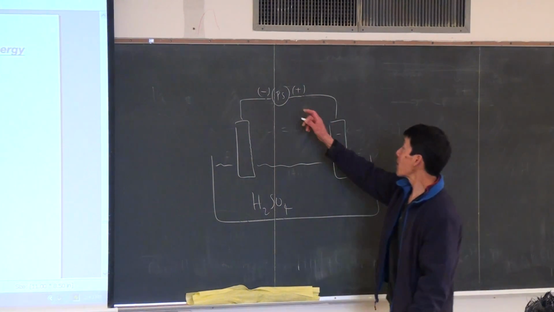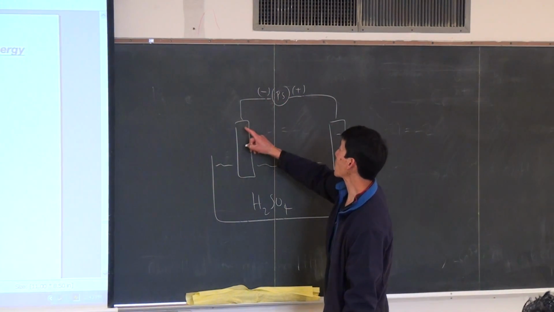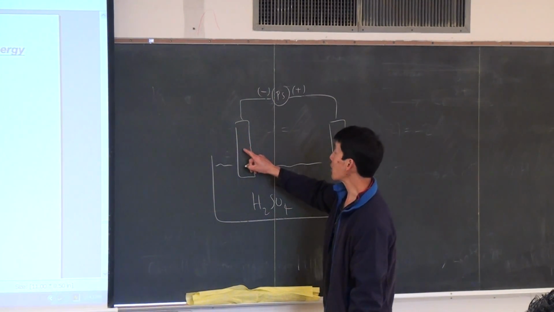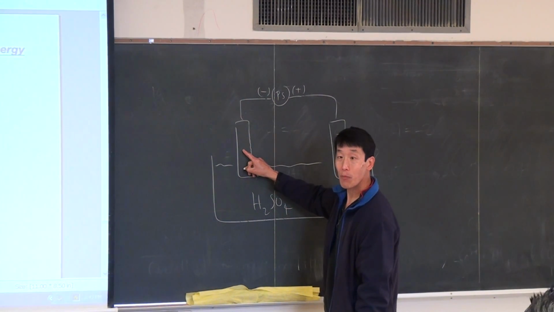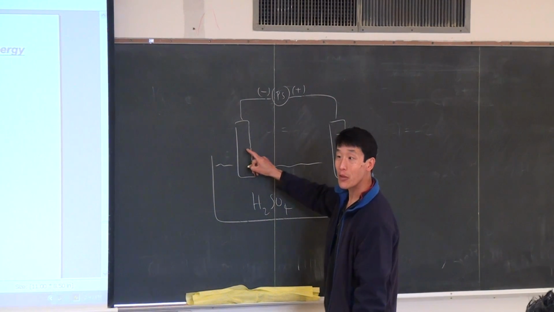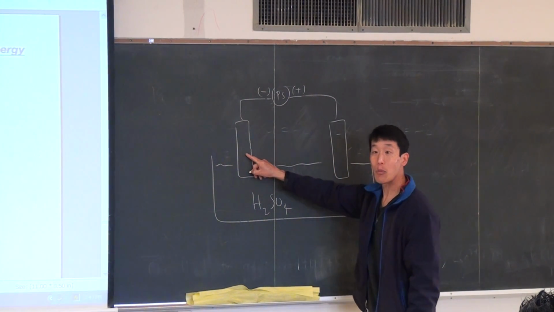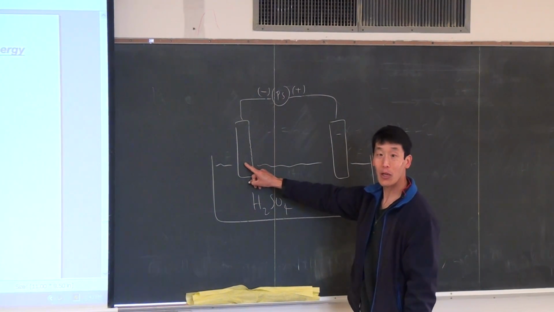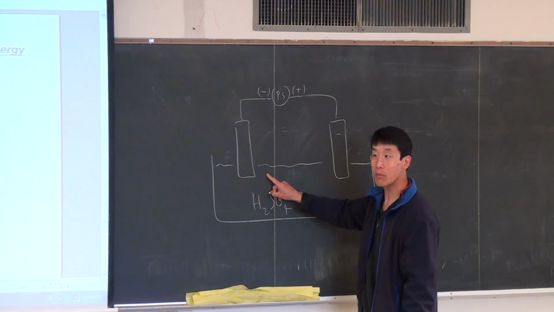And note that the negative terminal of the power supply is hooked up to this one, so that means the power supply is pumping electrons into this electrode. So there's going to be excess electrons here, and those excess electrons are going to be transferred from here to something.